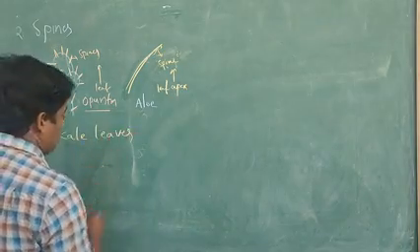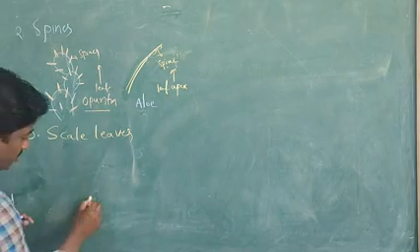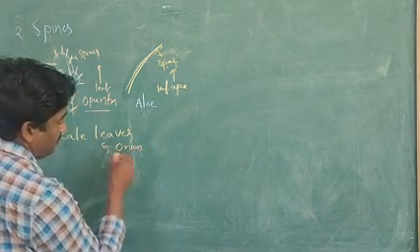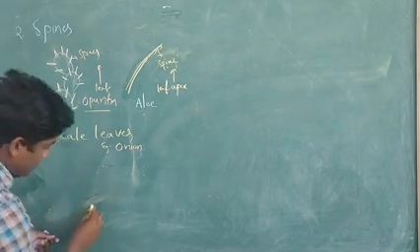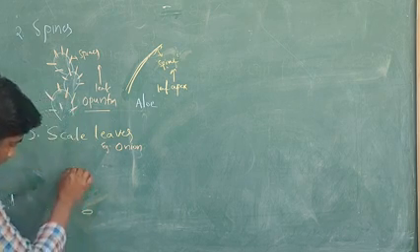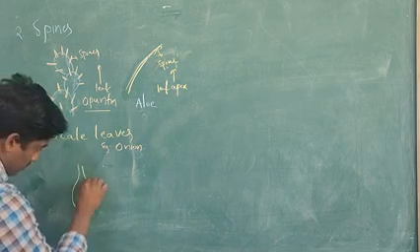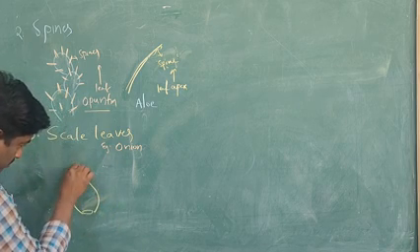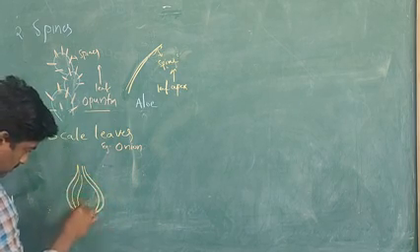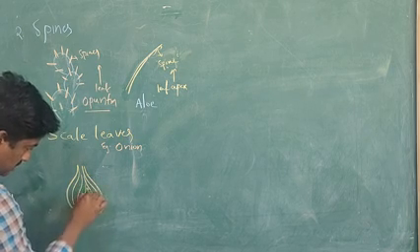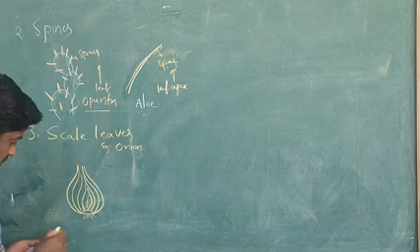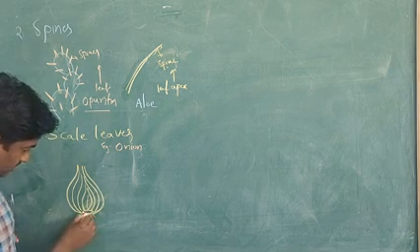Scaly leaves. So in the scaly leaves, example, what is it? Onion. So in the onion we will see here, previously we discussed the bulb.